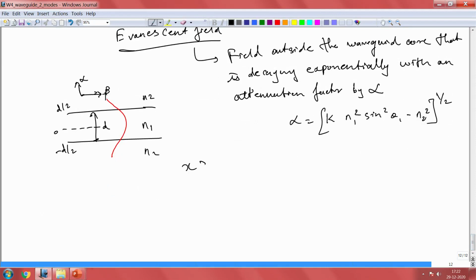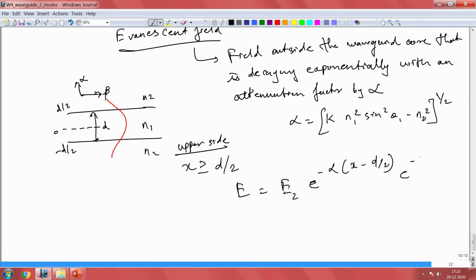When x is greater than or equal to d over 2, in the upper side your field is nothing but E2 e to the power minus alpha (x minus d by 2) times e to the power i(beta z minus omega t).